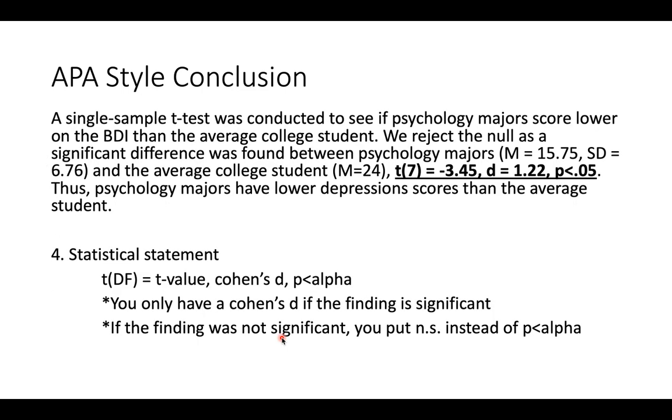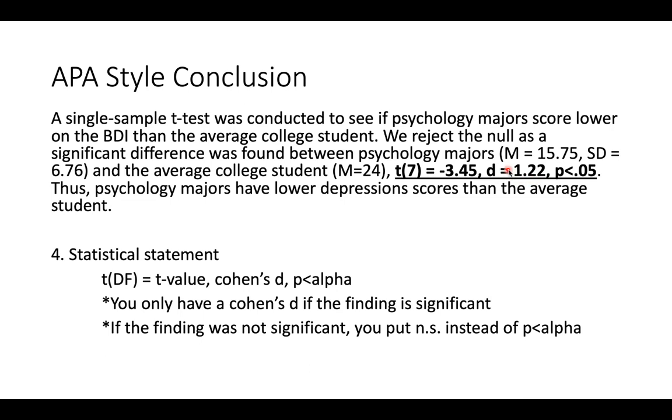Next, we have our statistical statement, or maybe you could call it our T statement. T, parentheses, degrees of freedom, so 7, is equal to our calculated t-value of -3.45, comma, our effect size, d equals 1.22. We put the absolute value of our effect size here.